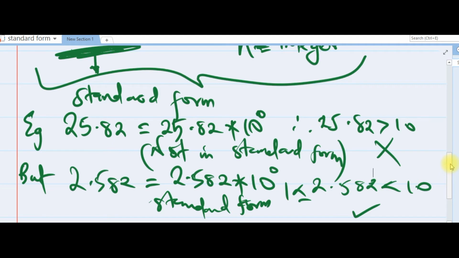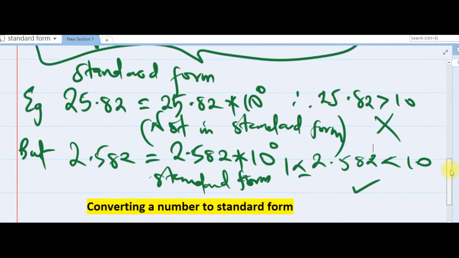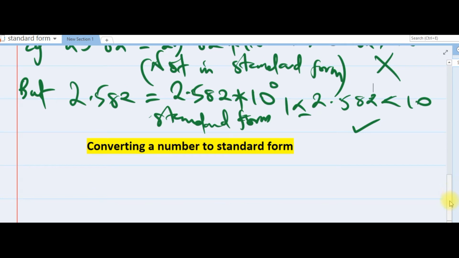That is, we are asked to convert numbers that are not in standard form to standard form.